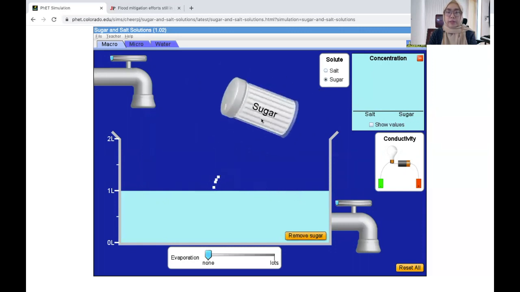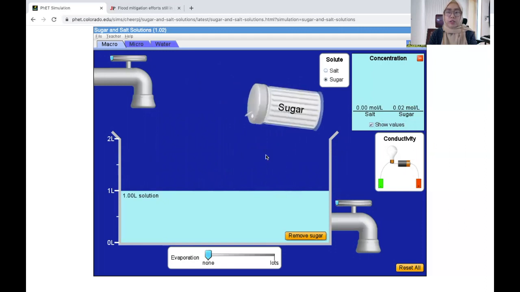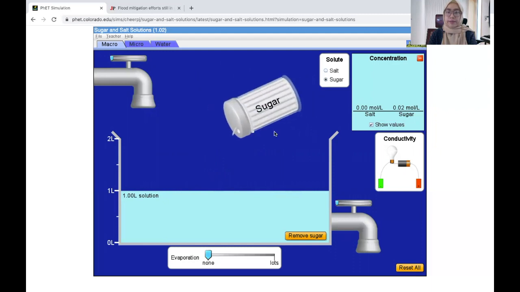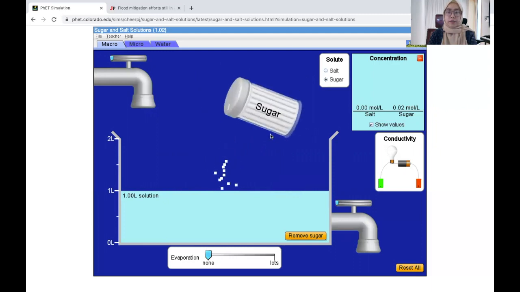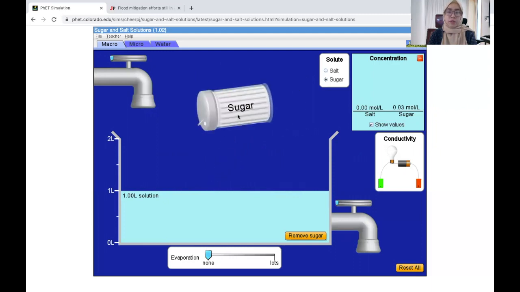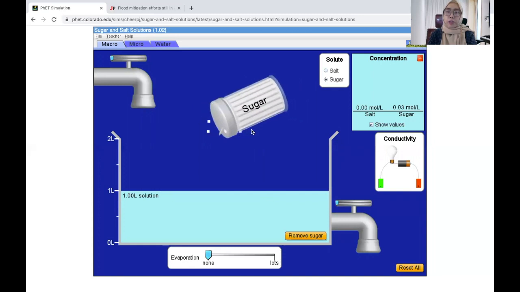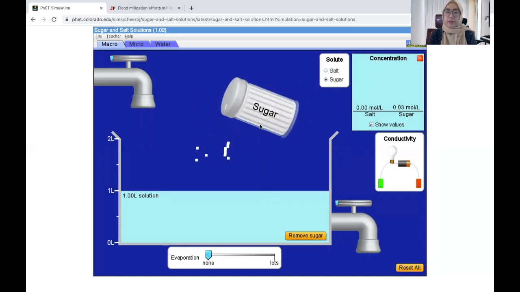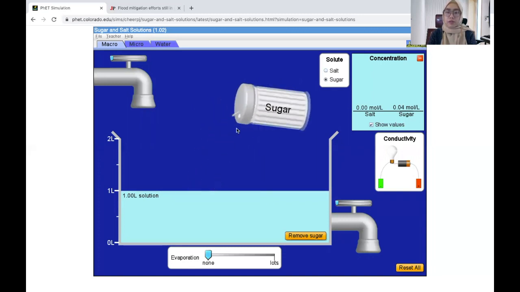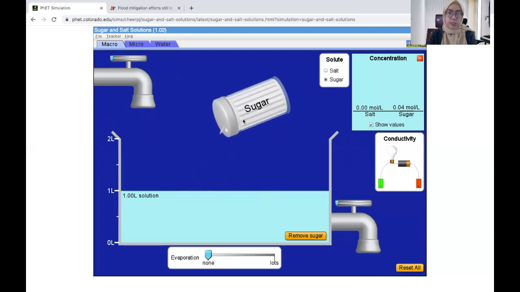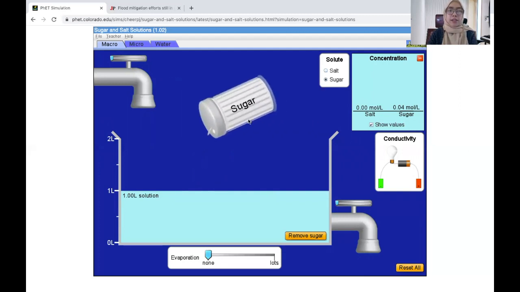When you add some sugar, it shows the concentration of the sugar. Okay, we'll put more, so it will be exactly the same with the salt. Some sugar.